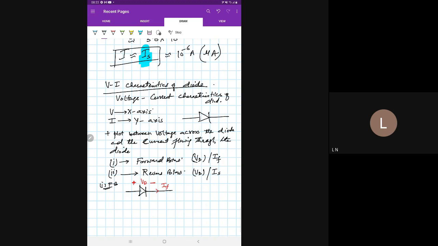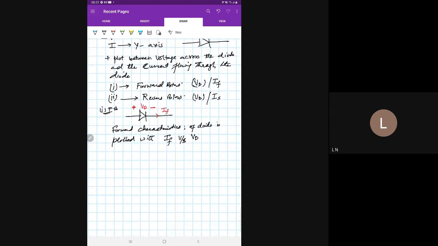So VI characteristics plotted for forward bias are known as forward characteristics. Forward characteristics of a diode are plotted with I of F versus VD, because in forward bias the current is I of F and the voltage across the diode is VD.